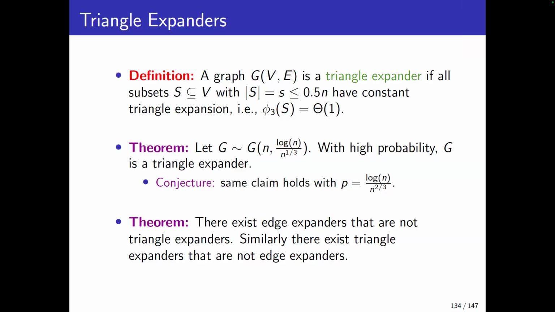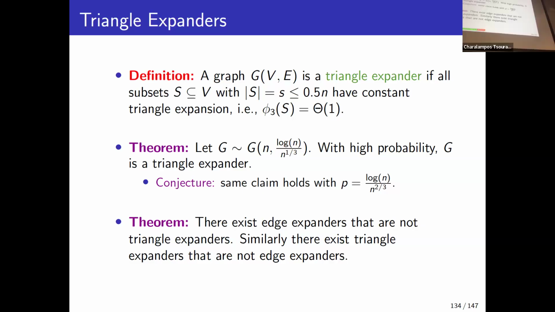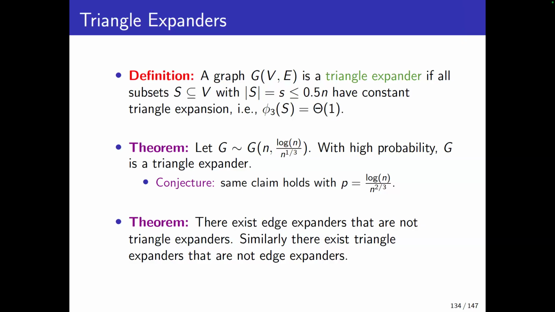So what is the conductance? It's the size of the edge cut, which is 1 in the numerator, divided by the volume of the set or of its complement. In both cases, it's roughly n squared. So the conductance of this barbell-like graph is 1 over n squared, which is very, very low. So the probability of escaping from your set goes to 0 as n grows. It makes sense.